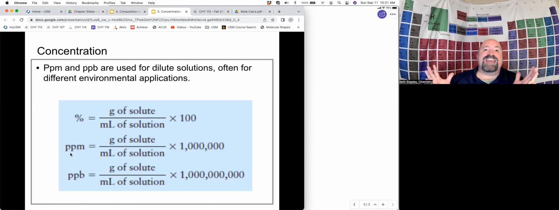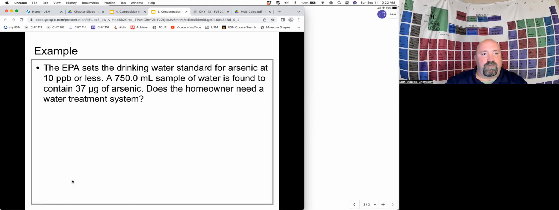If I had let's say a 10 ppm solution like that, then what that means is if I take the entire solution, water molecules and glucose molecules, that entire solution all together, and I have 1,000,000 of those particles, since that's 1,000,000 of a mixture of both water and sugar, 10 of those in a 10 ppm solution are going to be sugar molecules. The other 999,990 particles are going to be water. Same thing with the parts per billion. Same exact idea. Let's look at an example of those.